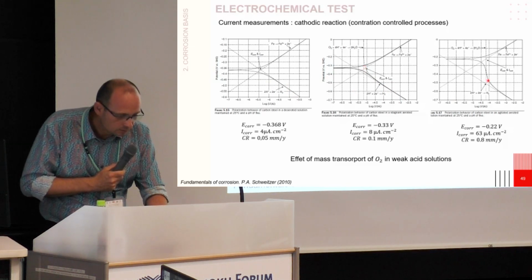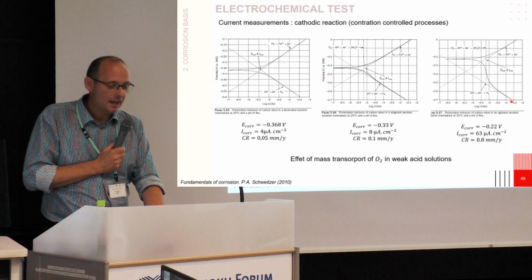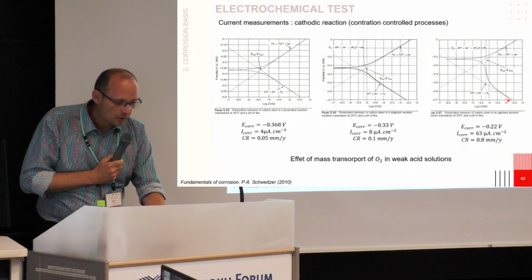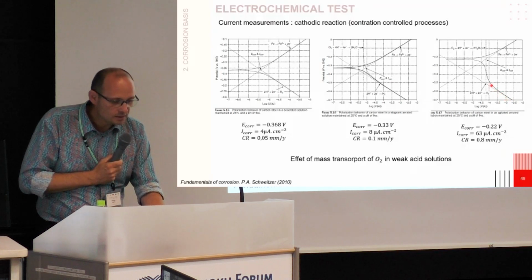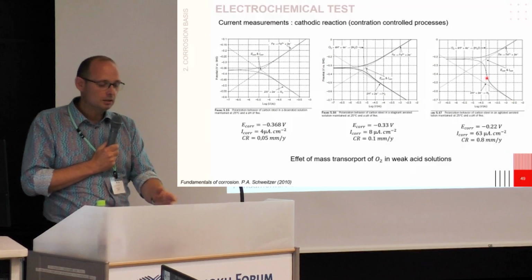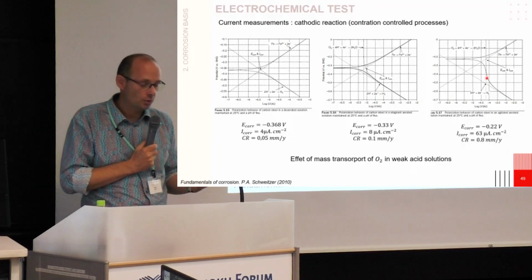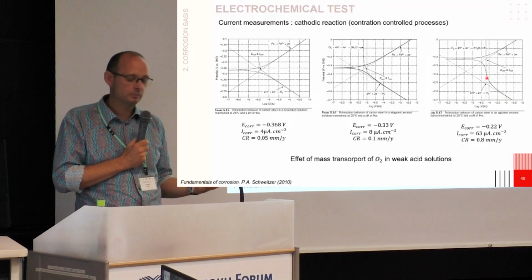If I have less H plus in solution and more oxygen, what I will have is this kind of curve. Actually, here I can see in this curve that there is a large contribution of oxygen in the reaction.